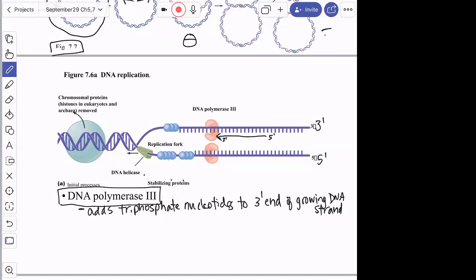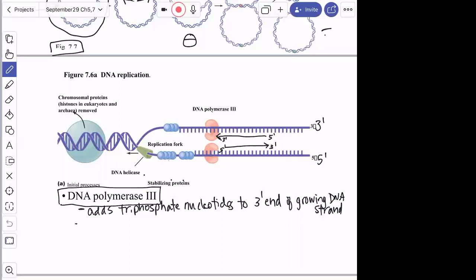Remember we said those nucleotides are always added on the 3' hydroxyl group. And this bottom strand is going to have to go this direction because, again, this is the 3' of this strand and 5' of this strand. Let's see a little bit more about that enzyme.